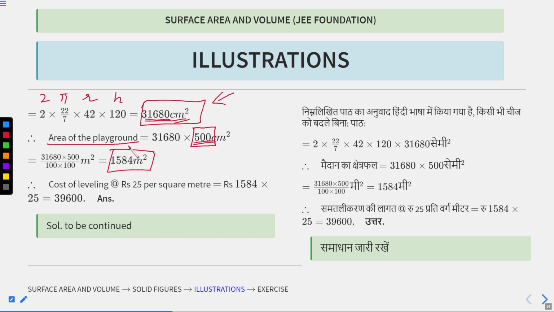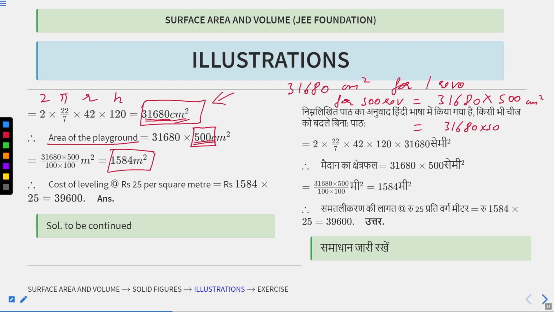So 31680 centimeter square for one revolution. For 500 revolutions it will cover 31680 times 500 centimeter square of area. Now let's change it into meter square.